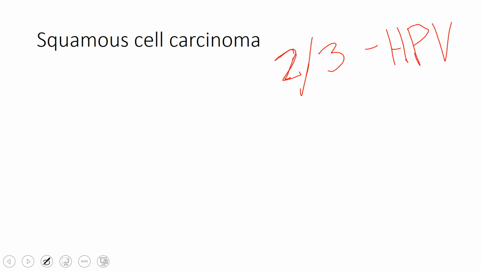The first one is Bowen disease. This is not writing very well. Bowen disease is in situ carcinoma of the penile shaft, where the scrotum presents as leukoplakia.